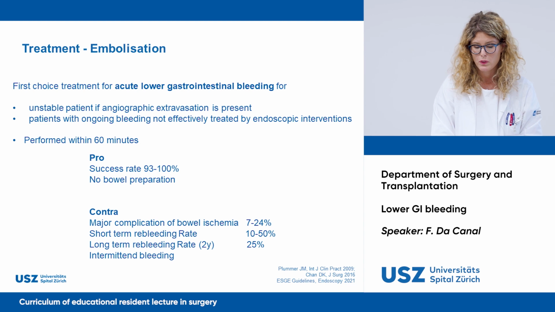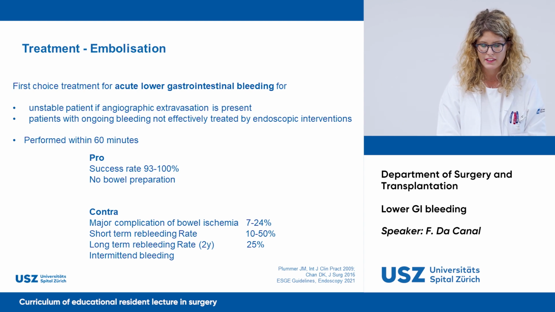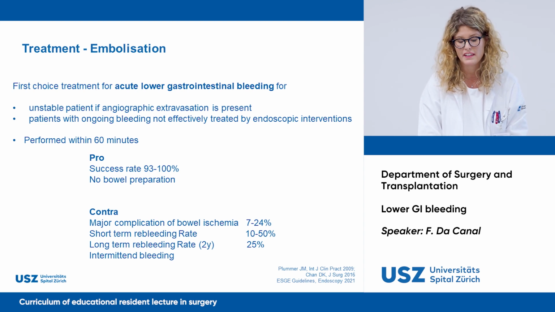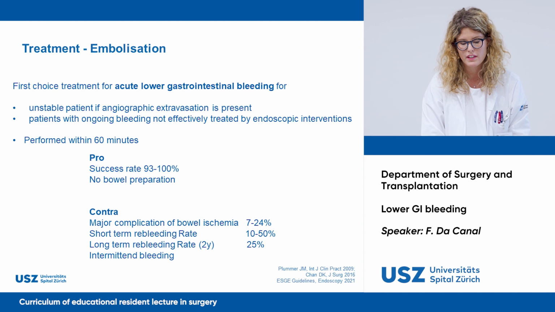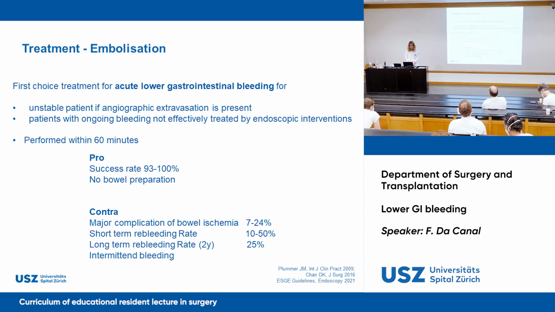The embolization doesn't need a bowel preparation, and it has a high success rate of stopping the bleeding if a bleeding is seen, because for the embolization it's not always possible that bleeding will be seen. It needs a sufficient quantity of active bleeding at the moment of the CT.